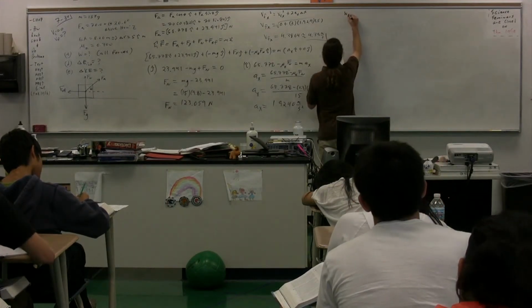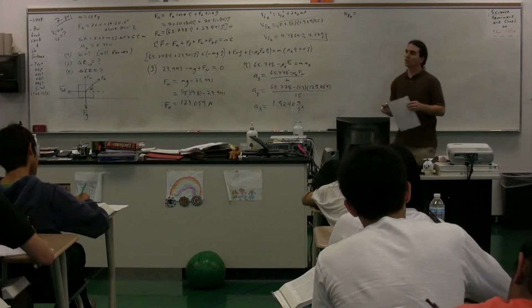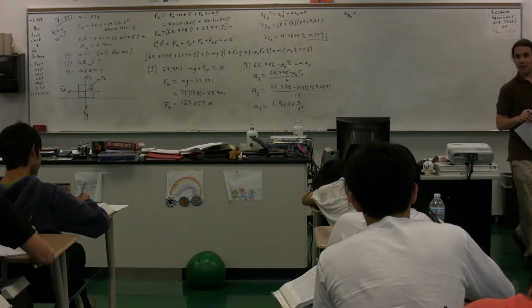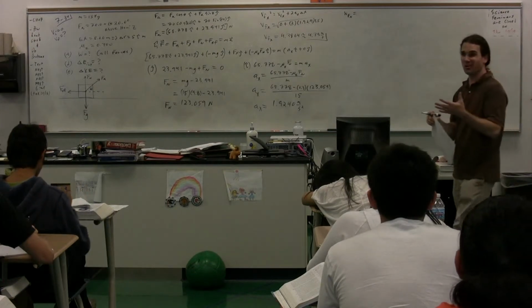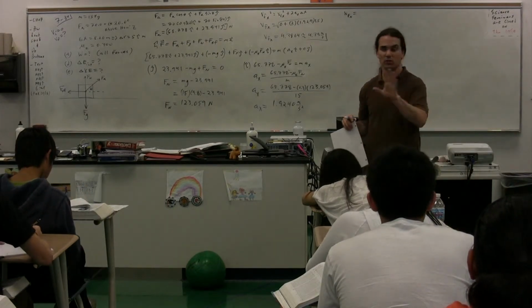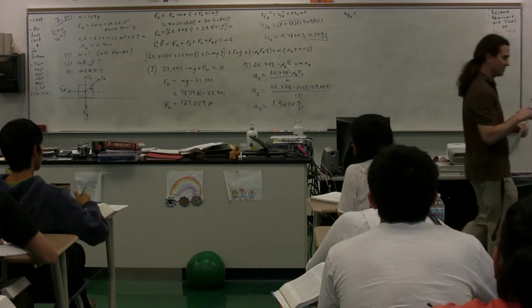Work done by the force normal. We are, of course, going to use the dot product of force and displacement because these are all constant forces. Everybody see that? There are no integrals here because they're all constant forces.